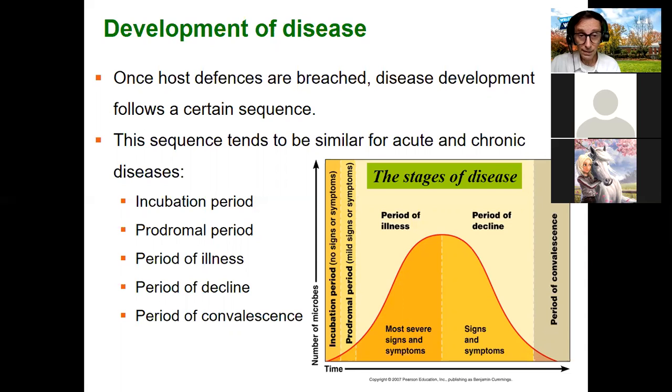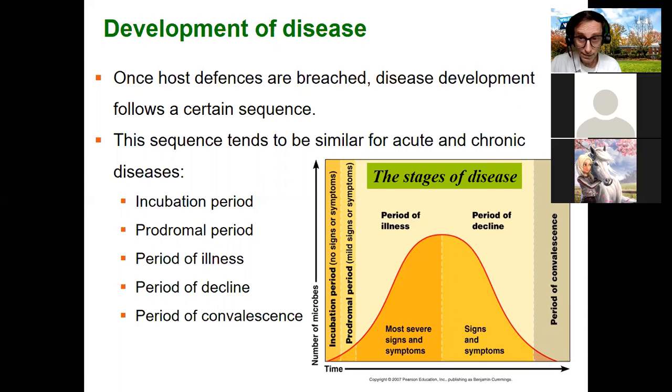The period of decline is followed by the period of convalescence. This is where the infective agents get below a certain threshold number, and once they're below this threshold, the infective agents no longer give you signs or symptoms of disease.